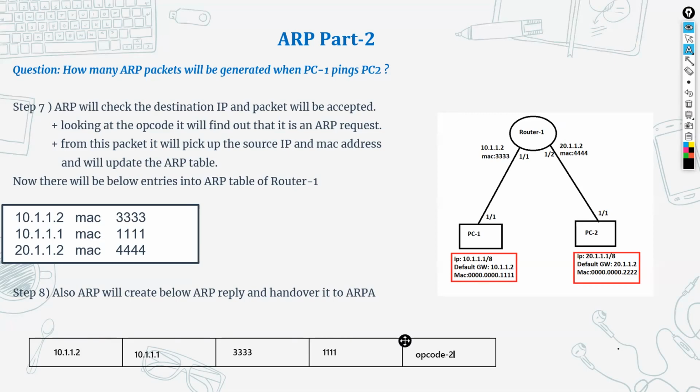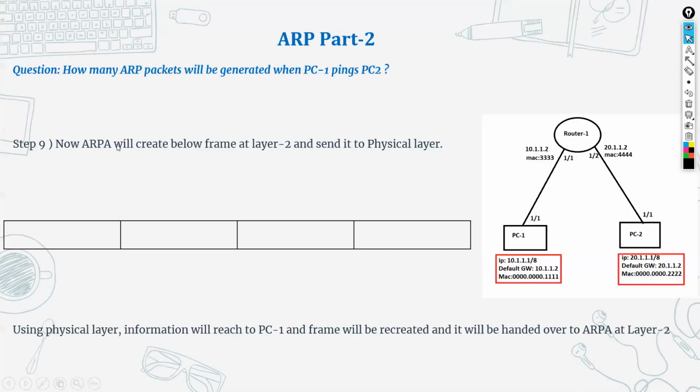Opcode this time will be 2, which is the ARP reply opcode, right? Now ARP is going to hand over this packet to ARPA. The same process will be followed. So now ARPA will try to create the frame at layer 2. So the frame will look like this.